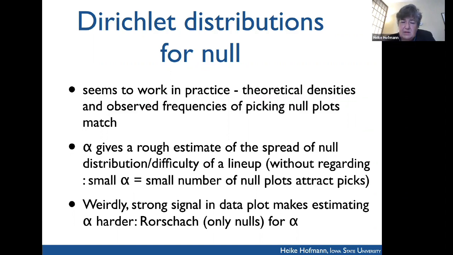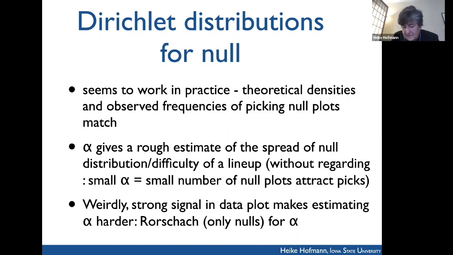The concentration parameter gives the Dirichlet distribution really a lot of power and a lot of choices in terms of the distribution, from a completely uniform distribution to a very, very skewed distribution that favors only a couple of null plots. And that's really also reflected in the difficulty of lineups.